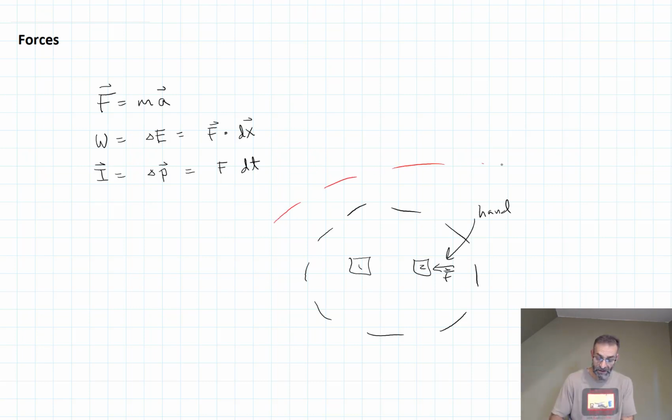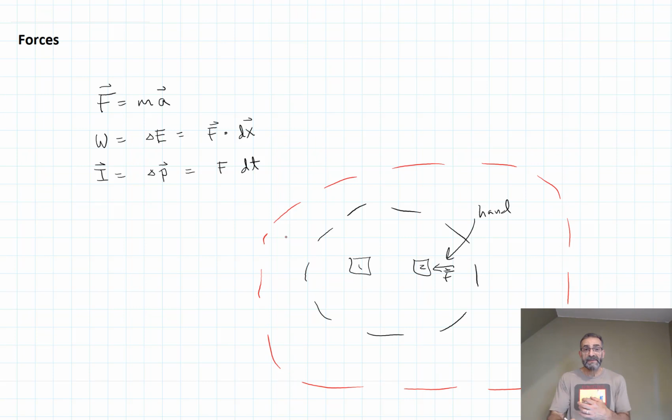If I include my hand and body in the system, if I draw a new system boundary, perhaps I could calculate the stored potential chemical energy in my body and how that gets converted through a force, through my muscles, pushing, applying a force to my objects, and turned into kinetic energy. And then I could say energy is conserved.